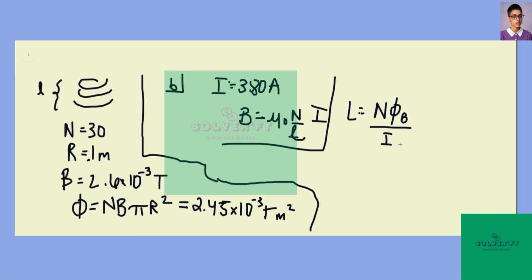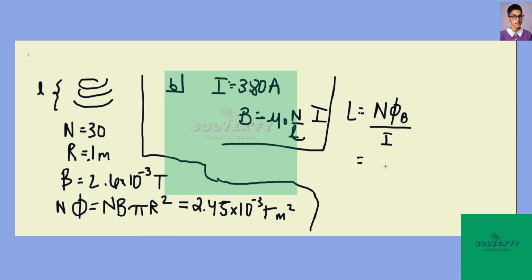This is the 2.45 times 10 to the minus 3 divided by the current, and we have that I, we have the N phi, so that's this thing. Actually, what is the symbol for the magnetic flux linkage? So that's N times phi. Okay, yes, that works out.